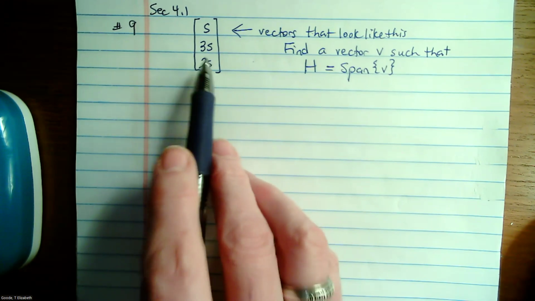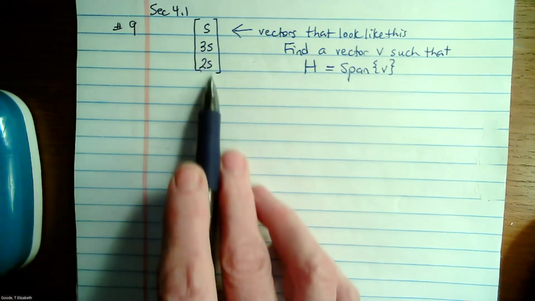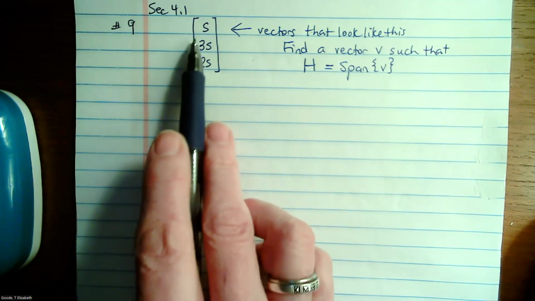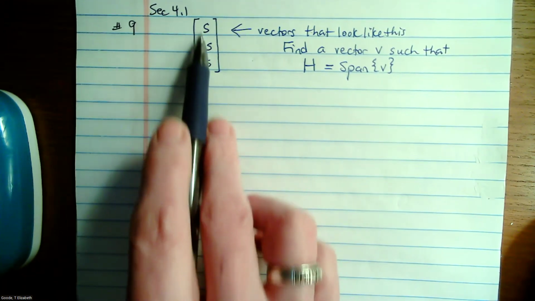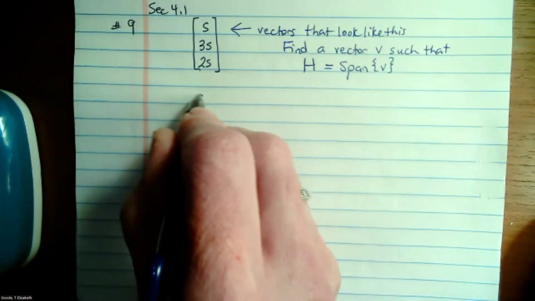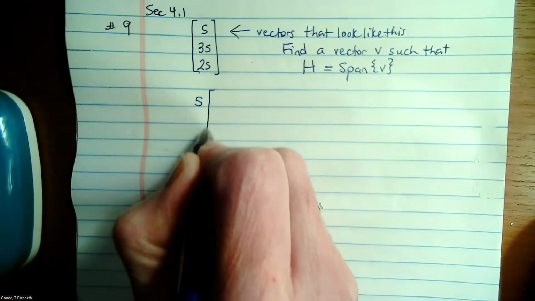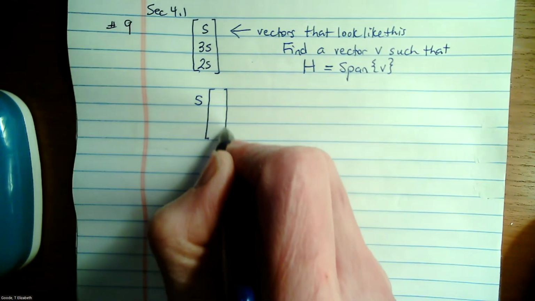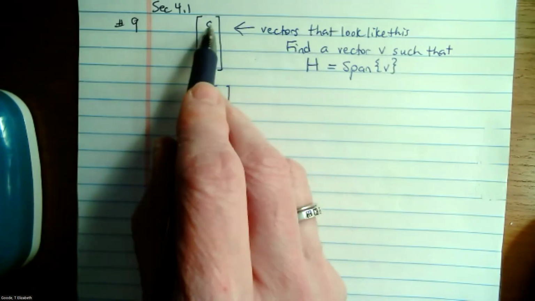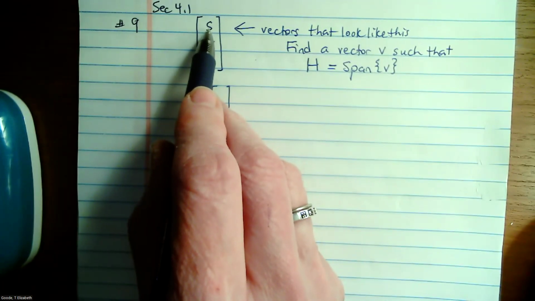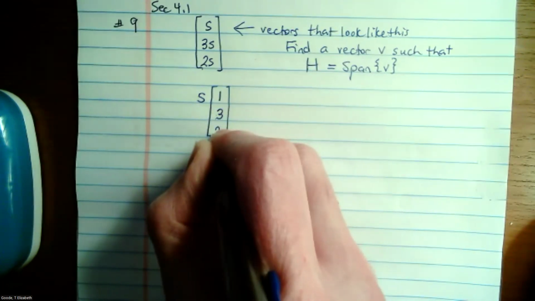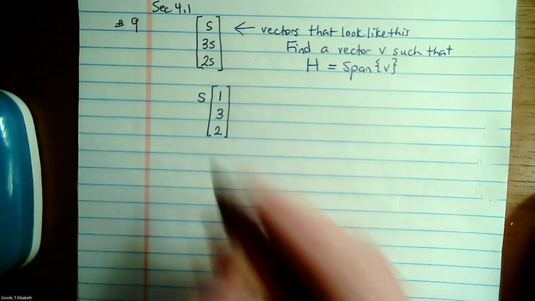Can we tease out the underlying vector? Can we factor out something from all of those coordinates? Yes, the S. And that leaves a vector that looks like what? One, three, two. Yep, 1, 3, 2. That is our V.